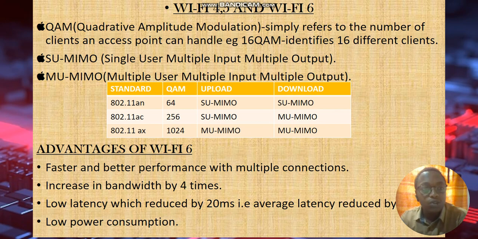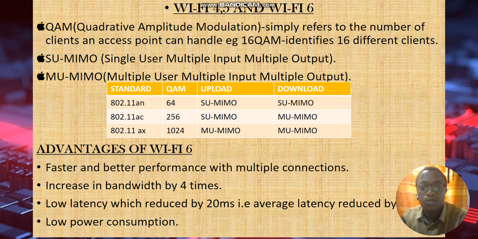When you're talking about MU-MIMO, we are talking about multiple user, multiple input, multiple output. Just to give a small guidance to those who might not have heard these terms before.